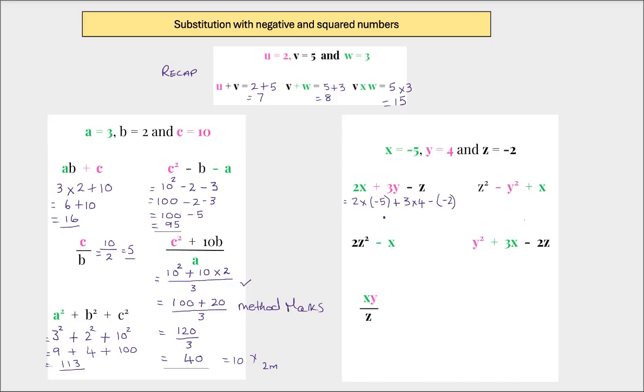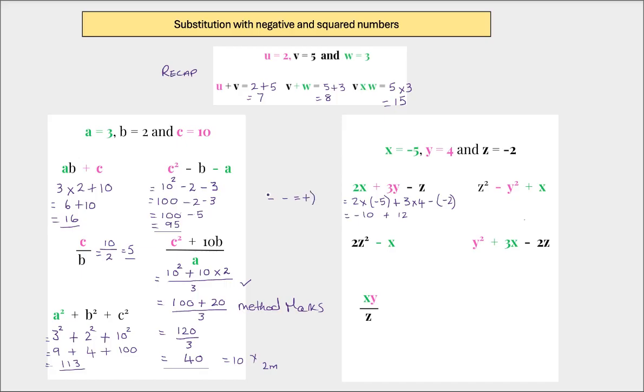So we now have, let's break it down. 2 times -5. Well, we know that's -10. Plus 3 times 4. We know that's 12. And can you remember that a minus and a minus equals a plus?